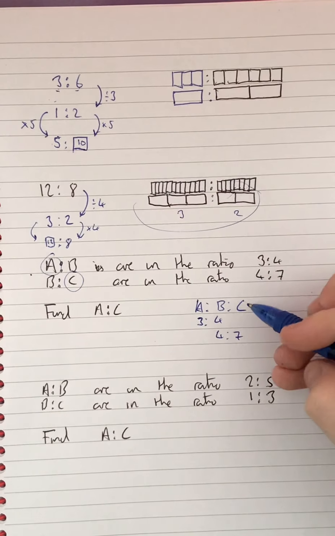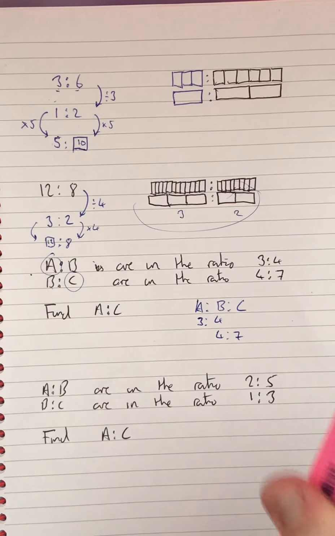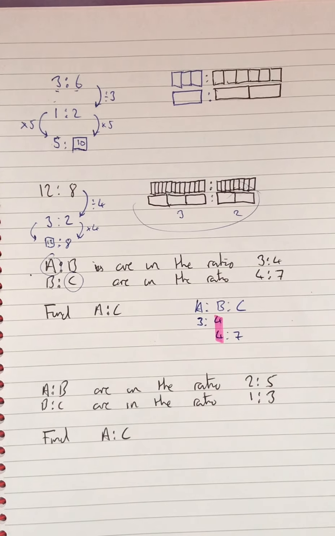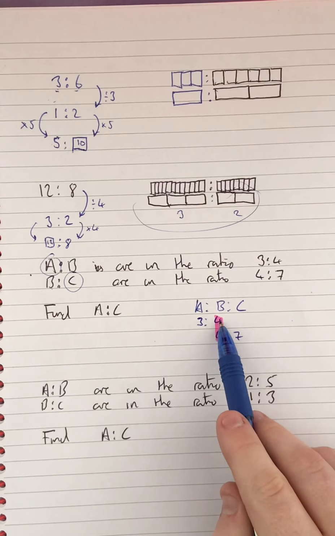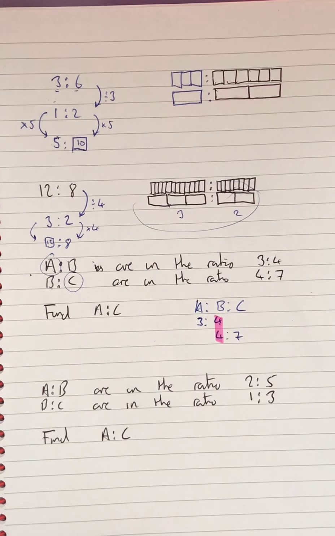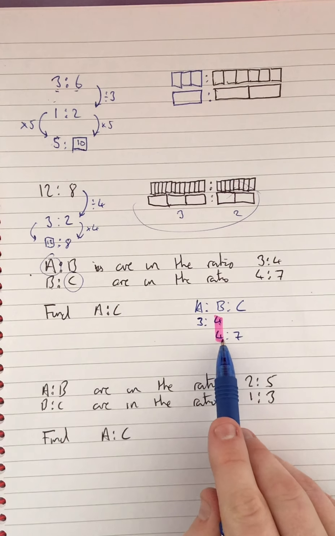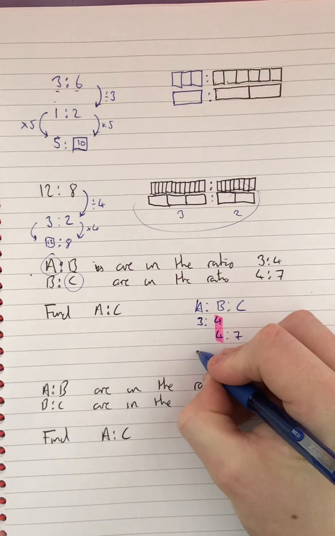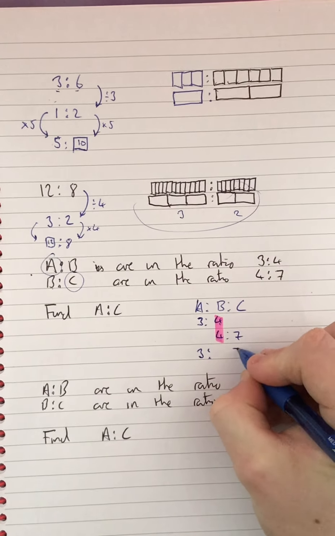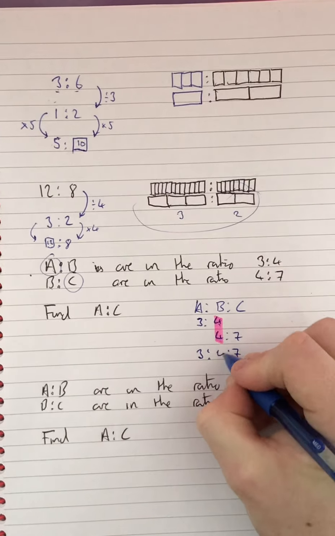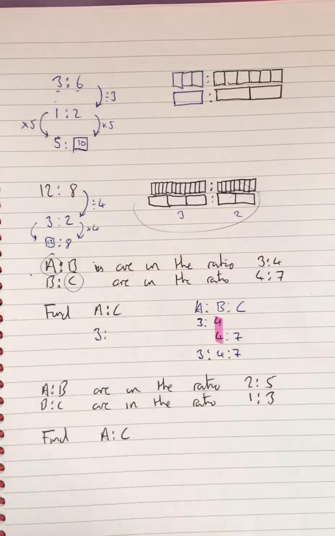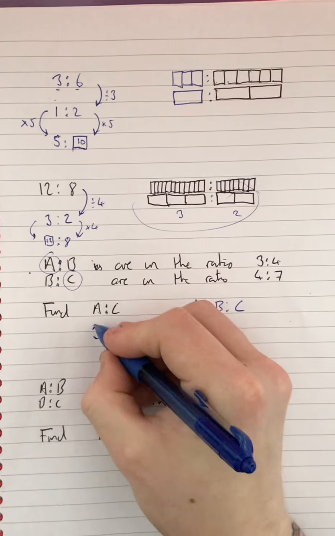Now this is quite a nice one because they are the same. So for every 4 parts of B, there are 3 parts of A. For every 4 parts of B, there are 7 parts of C, which means that for every 3 parts of A, there are 7 parts of C.